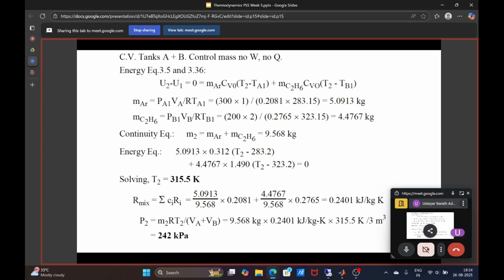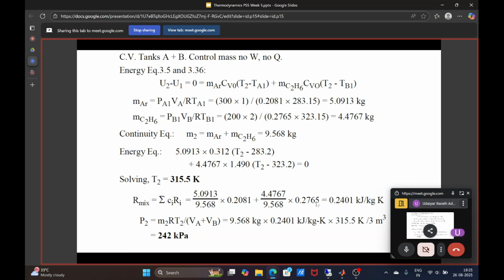The total mass is 9.568, the total volume is 3 meter cubed, the temperature of the uniform state is 315.5, and R of the mixture is 0.2401.